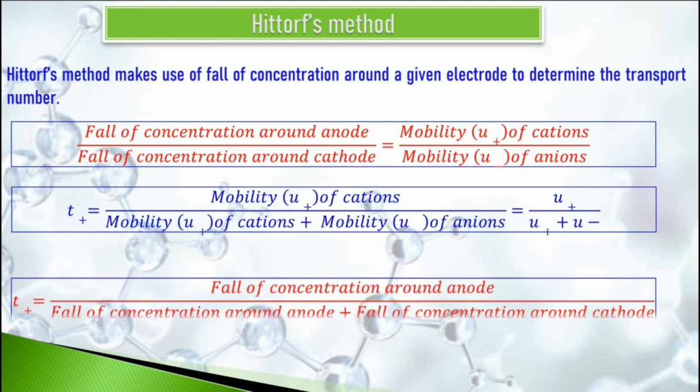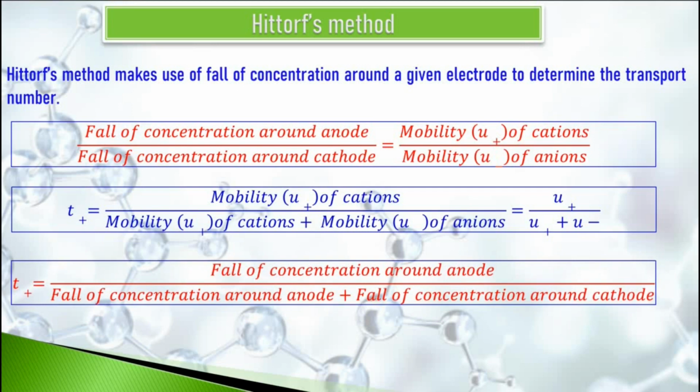So the transport number of a cation can be redefined as equal to the fall of concentration around the anode. That means instead of U plus, the ionic mobility, we have written the fall of concentration around the anode, and instead of U minus, we have written the fall of concentration around the cathode. So this is the new definition of transport number, written in terms of the fall of concentration around the electrodes.